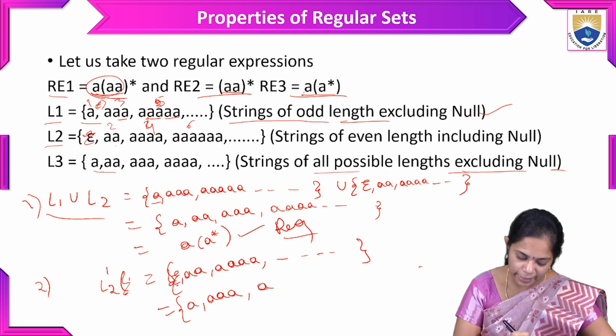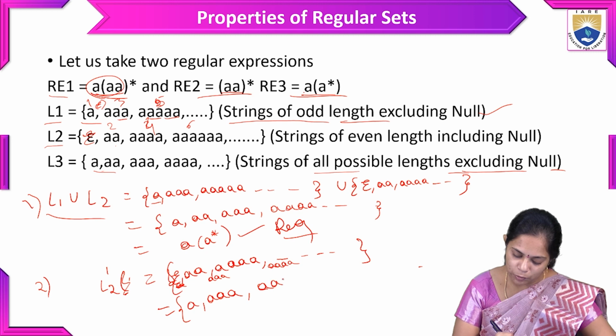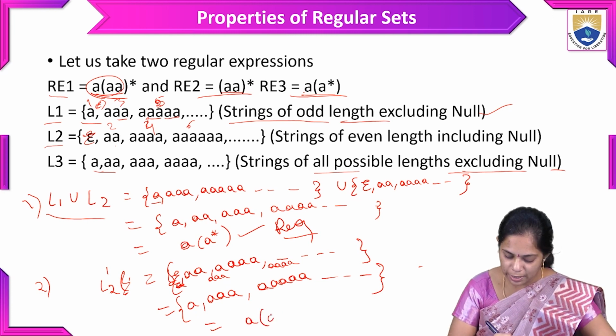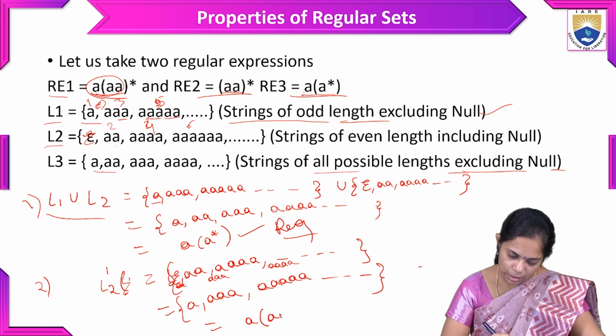A is not there, triple A is not there, and 5 A's are not there. So like this, we have to note all strings which are not involved in this language. This whole expression contains A whole star.